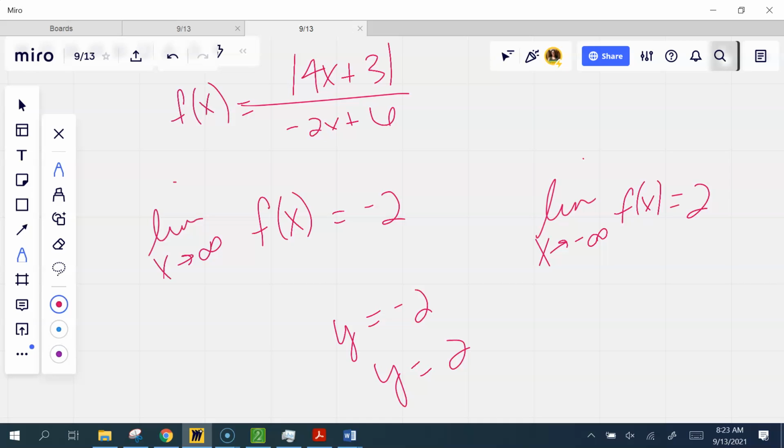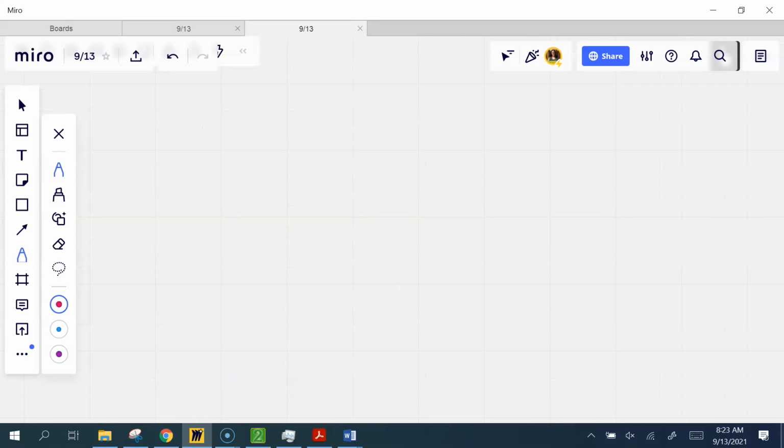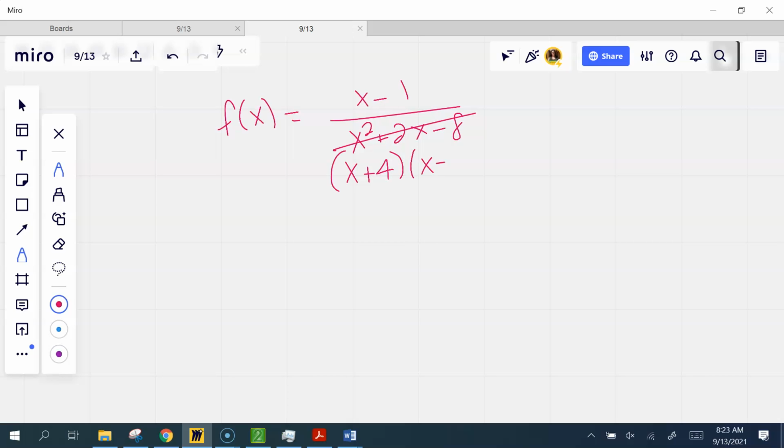Yeah. 3, you said? So number 3 said identify, algebraically find and name the vertical asymptotes. So you have f of x equals x minus 1 over x squared plus 2x minus 8. And so I do need to factor that just to make sure there's no holes, that it doesn't cancel here. So I'm going to do x plus 4 and x minus 2.